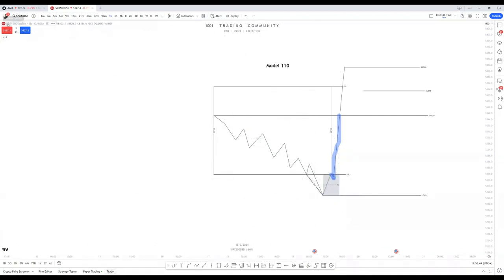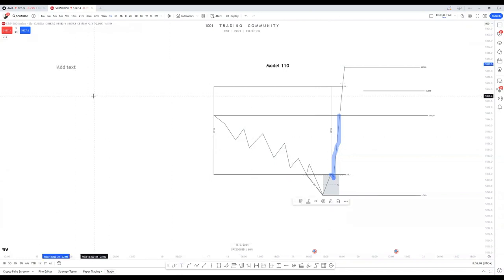So the S&P took out that low, but the NASDAQ did not. Remember, which one are you going to want to trade? The one that took out the low, because it's going to have more volatility. So in this case, the S&P 500 took out the low, so I'm going to trade this because this is going to have more of an injection of volatility at a specific time.